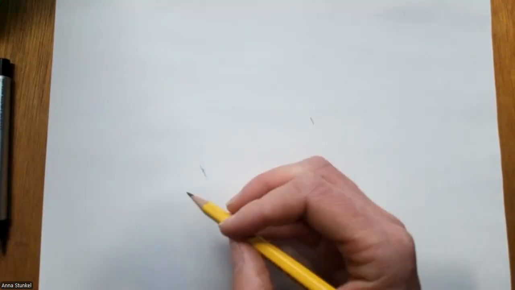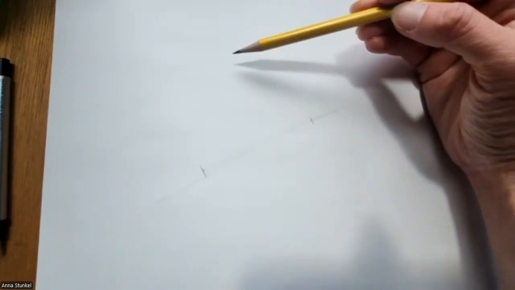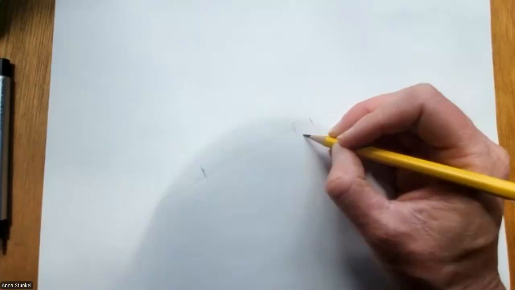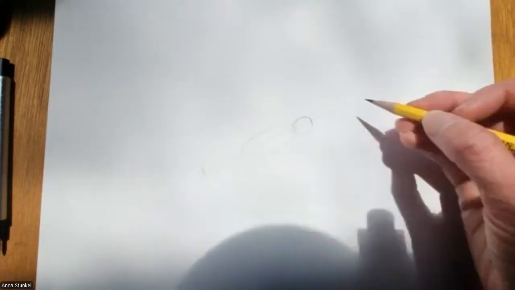The next thing you can do is start sketching in the basic proportions and look at the angle of that body. Then think about how far back the wings are, the leading edge of the wings. You can do a little circle for the head and then an oval for the body, and you can use that measuring trick to look at the length and width of each part of the bird as well.